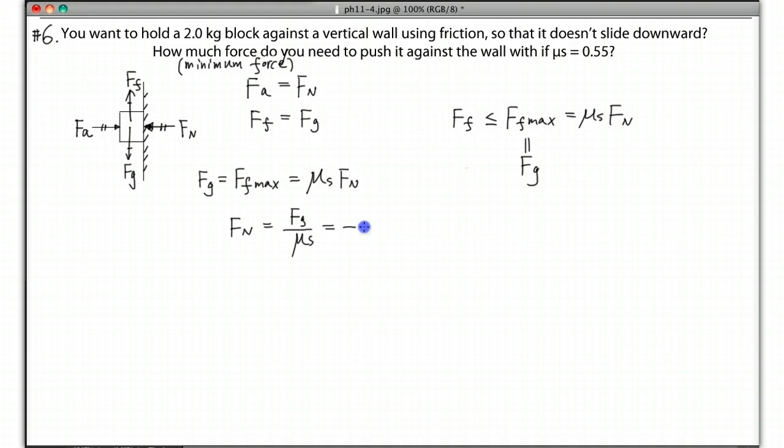Okay, so you can calculate this, mg divided by mu s, and plug everything in: 2.0, 9.8, 0.55, and if you calculate, it should be 36 Newton. Okay.